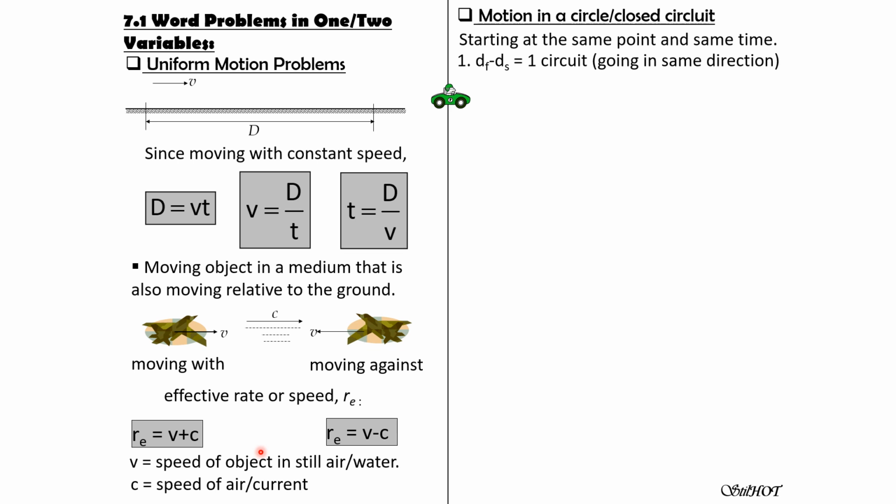If they move in opposite directions, then the distance traveled by the faster runner plus the distance traveled by the slower runner equals one circuit.